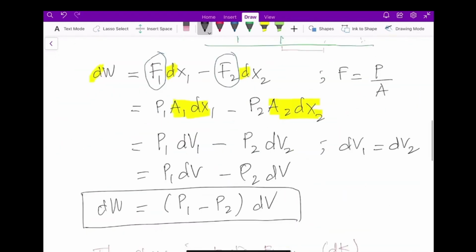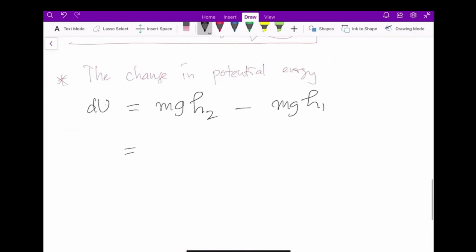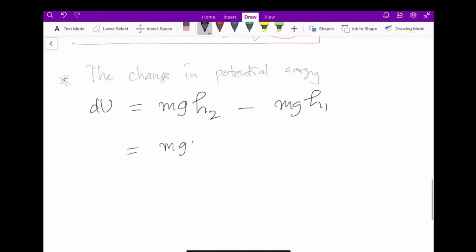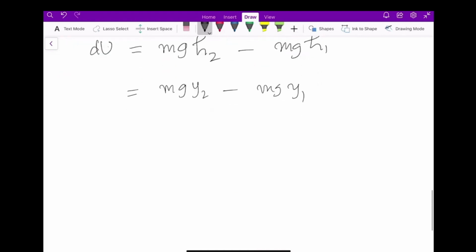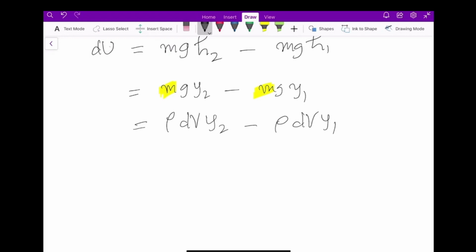If we replace h1 and h2 with y1 and y2, we can do it this way: mg y2 minus mg y1. Similarly, we want to replace m by relating the mass to the density and volume relationship as before. We can replace this as rho dV g y2 minus rho dV g y1.